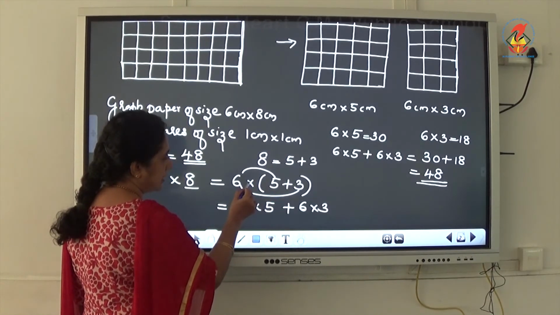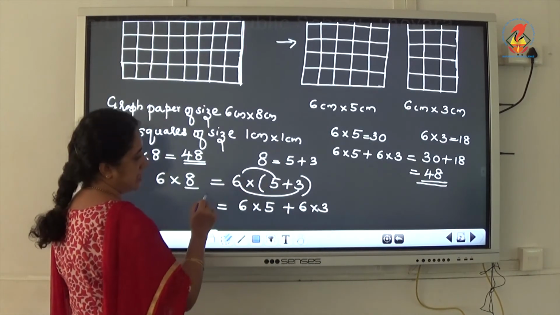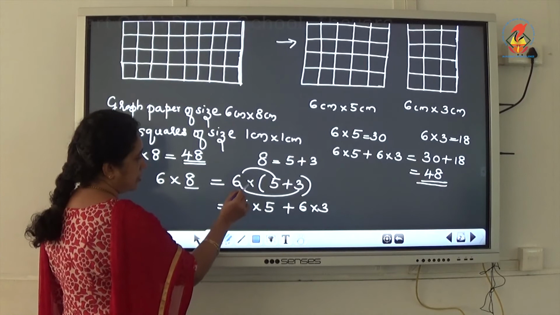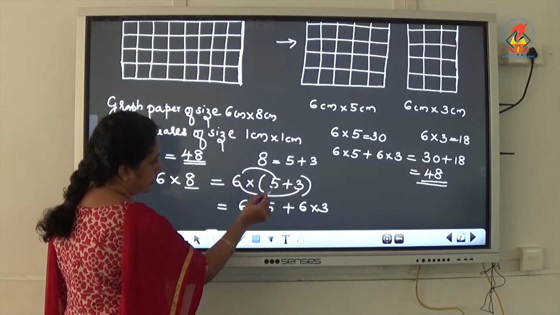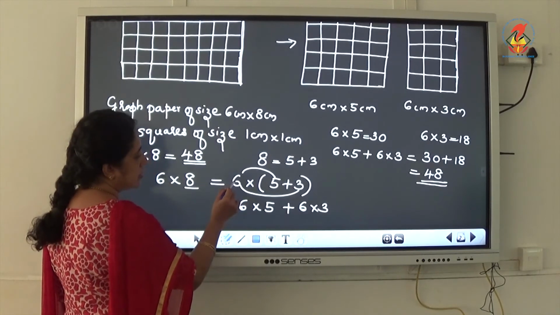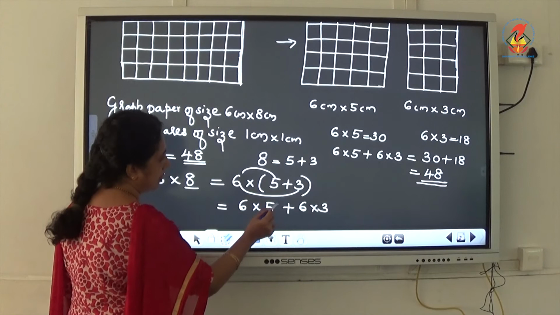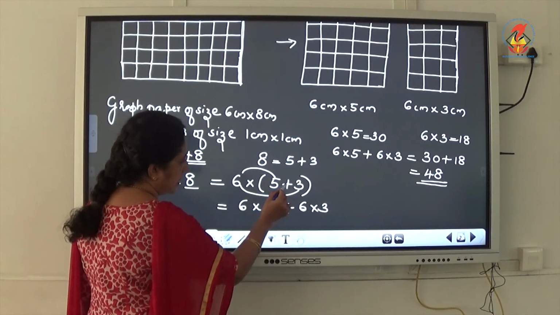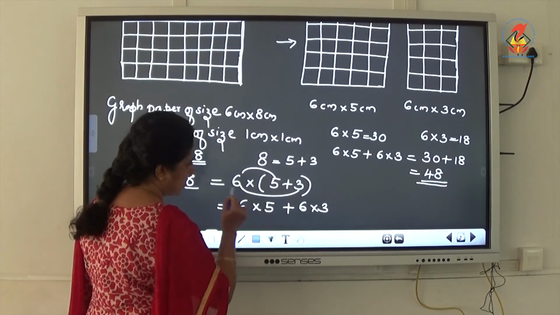Here we have the multiplication, and this multiplication is over addition. Therefore 6 into (5 plus 3) is equal to 6 into 5. 6 is outside, so take this 6 and multiply with the 5. So 6 into 5. Then look at the bracket, and inside the bracket the sign is addition, so put the plus there.